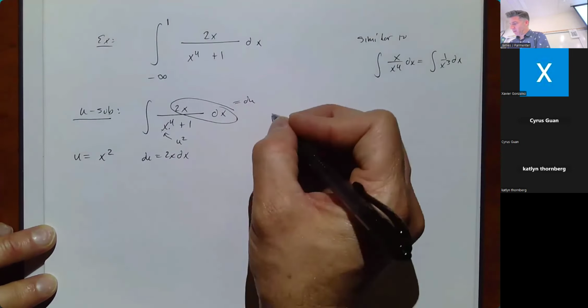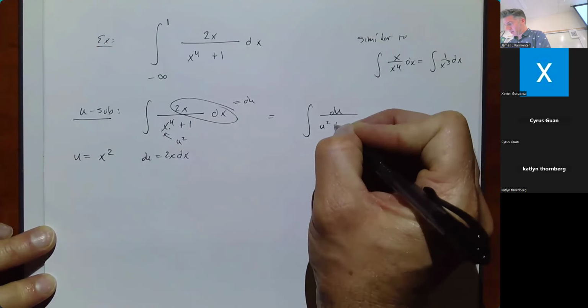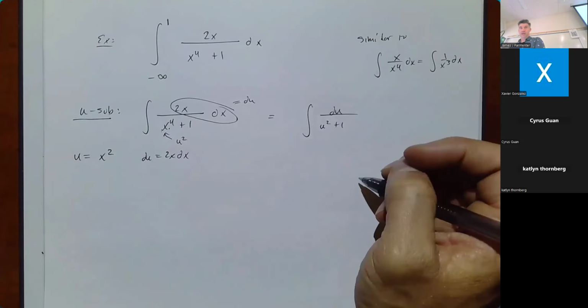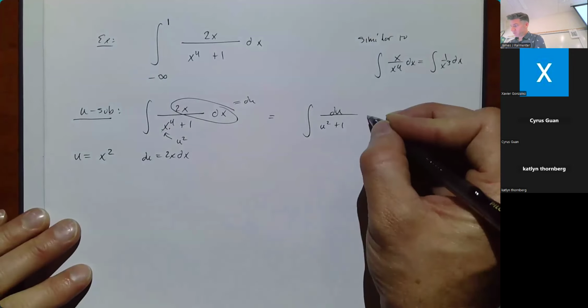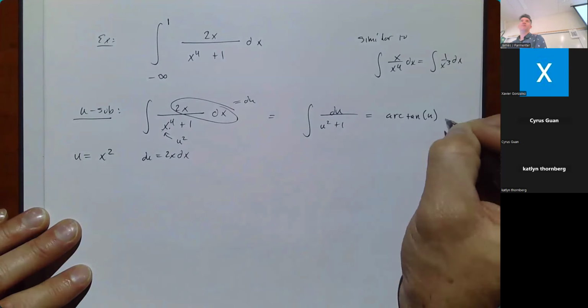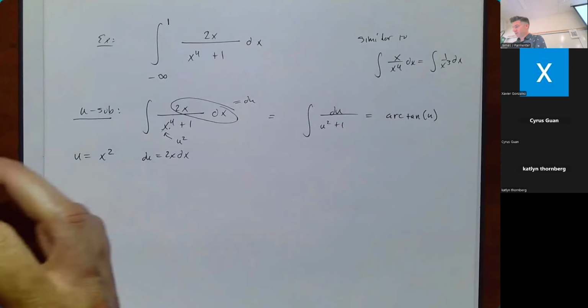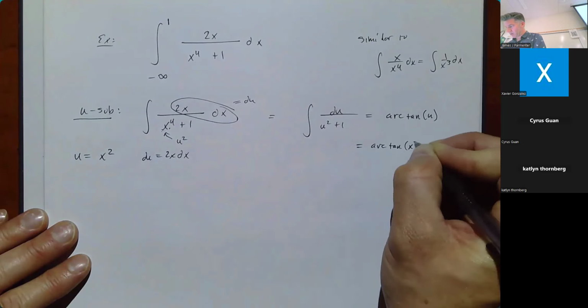So this is going to become the integral of du over u squared plus 1. And I think we've seen quite a bit of this lately. What's the antiderivative of 1 over u squared plus 1? Everyone's favorite, arctangent of u. So this is going to be equal to the arctangent of x squared.